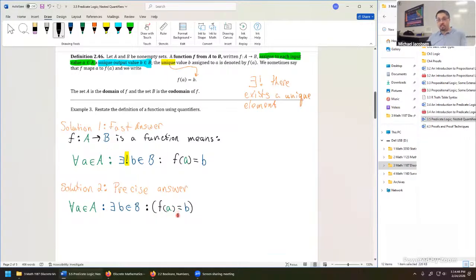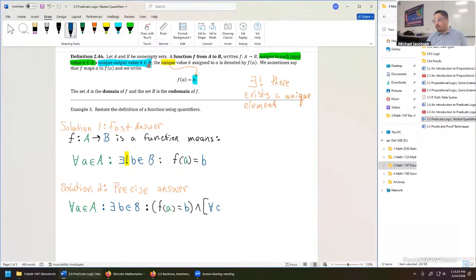So I want to say this condition, and at the same time, here's where we're going to capture uniqueness. We want a big compound statement. If we're describing uniqueness, we're talking about uniqueness on this element B right here. We need another quantifier. So we're going to begin by saying, and for every element, let's say we can't use B again because we're describing uniqueness. We need to describe a different element coming out of the codomain. I'll say just the next letter in the alphabet.